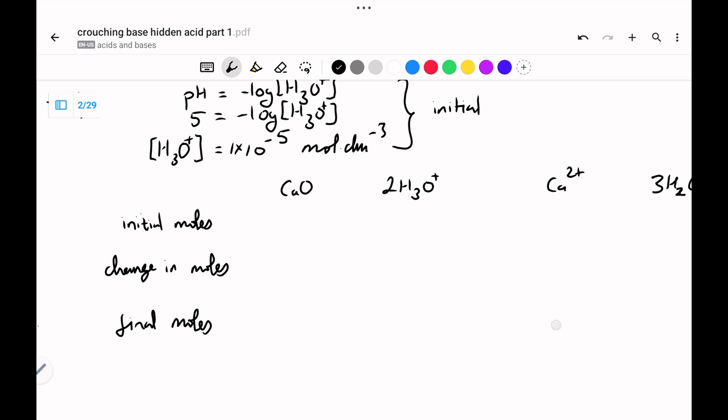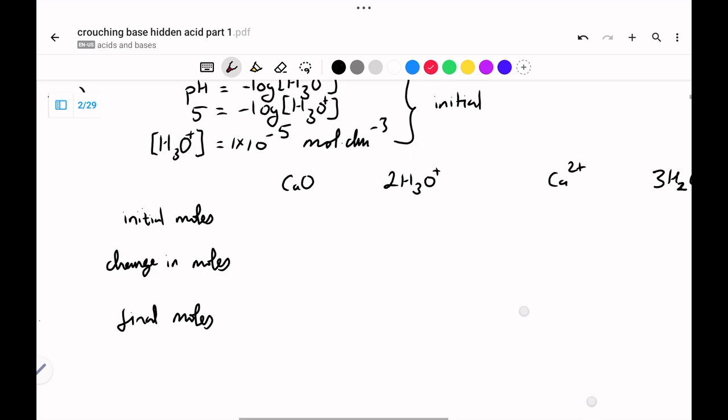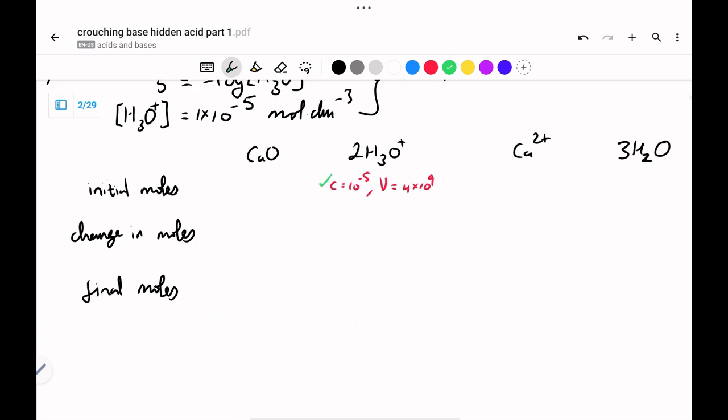So we have enough information to calculate the initial moles. We have that the concentration is this and the volume is this. So in principle we know this number. And we have that the final moles is this.